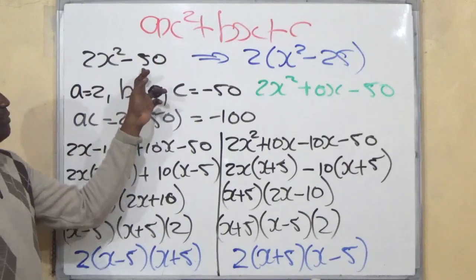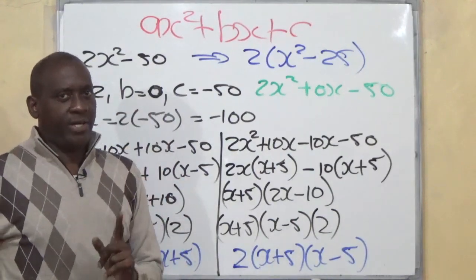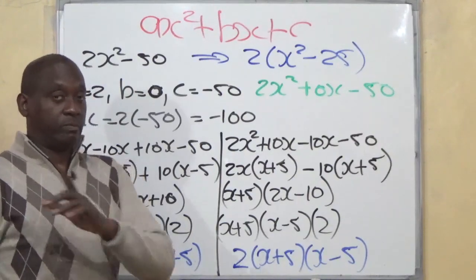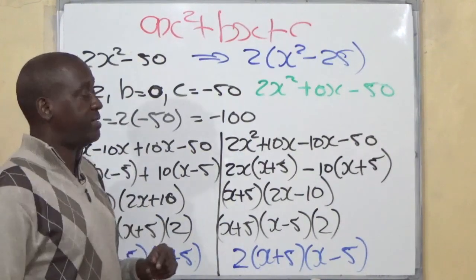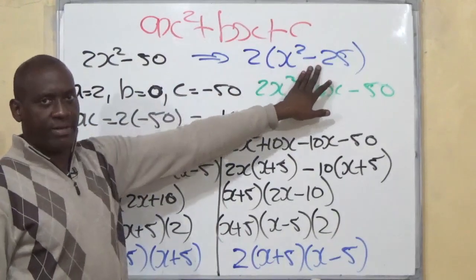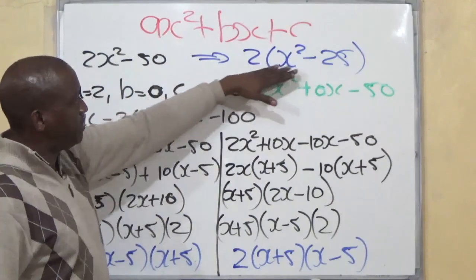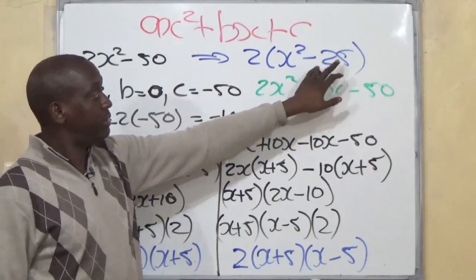2x squared minus 50 factorized as a univariate binomial, just like the ones we did in factorization 1, the first video, would give 2 into x squared minus 25. And as a regular factorization, we wouldn't be able to go further than this.